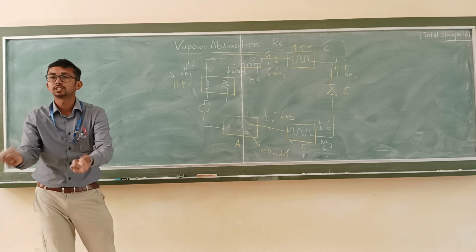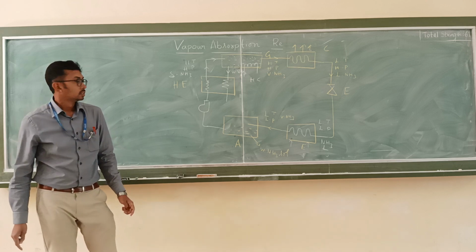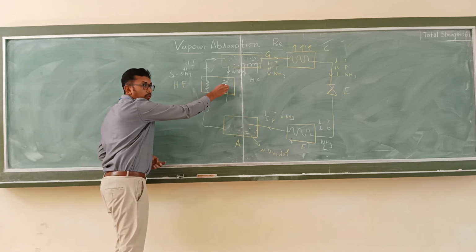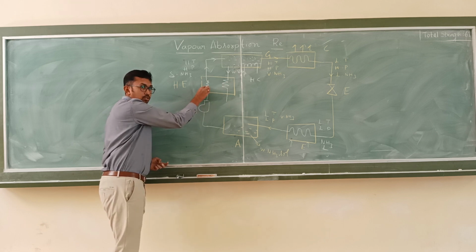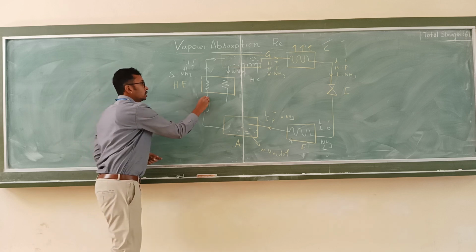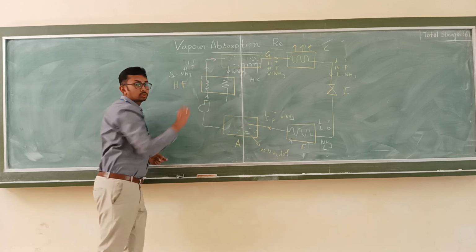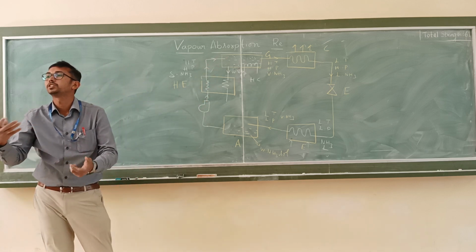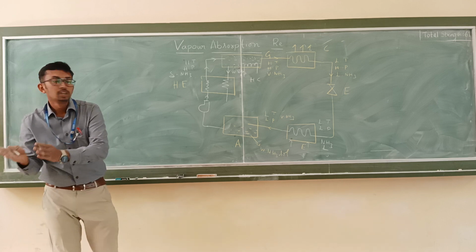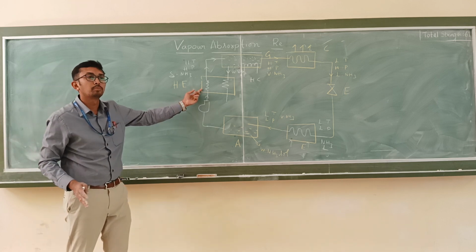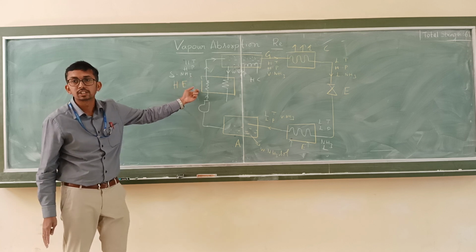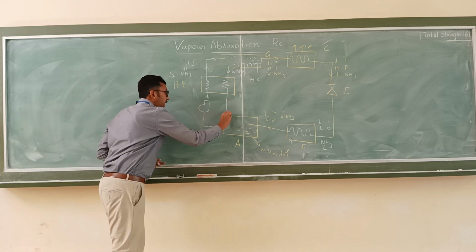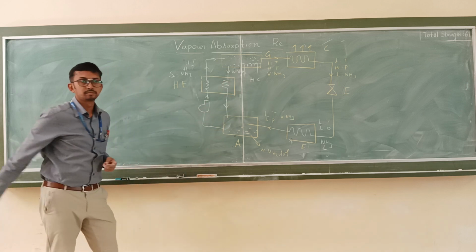What is the meaning of heat exchanger? This solution will be very hot, so some of its heat will be transferred to the strong ammonia solution going to the generator, to increase the efficiency. Then it flows back to the absorber.